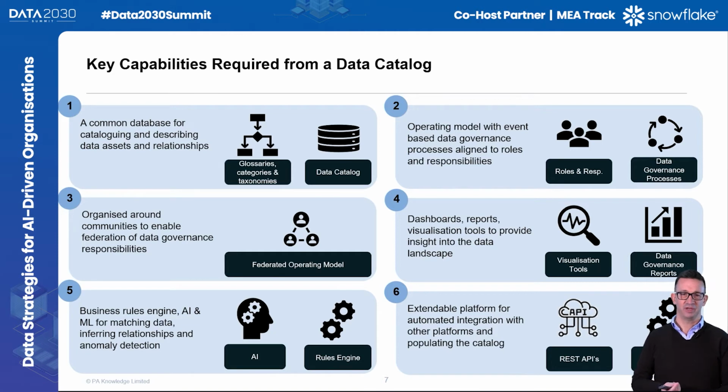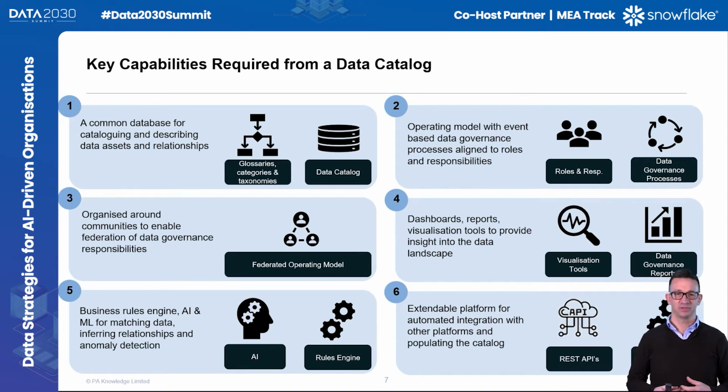As an example, I may want to know about the information security classification of a piece of data. So I need to be able to relate our valid security classifications to the data assets. It should be organized around communities because you cannot centralize a data catalog.